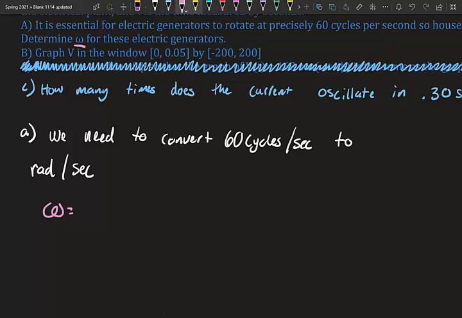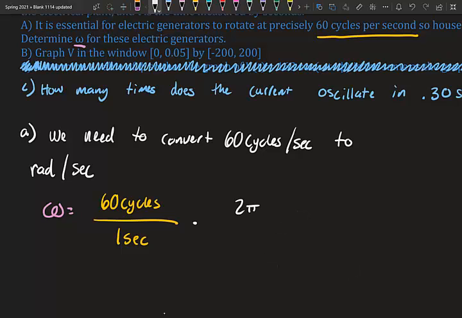So we're talking about 60 cycles per second. Remember, per just means fraction. So then we need to multiply that by the radians. A full rotation, one cycle, is 2 pi radians for every cycle.